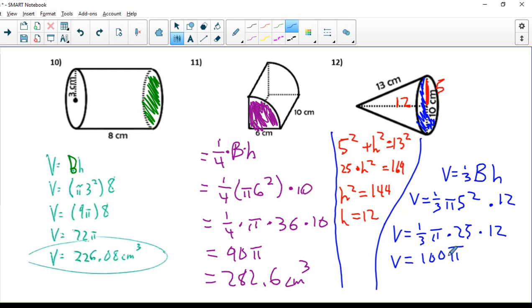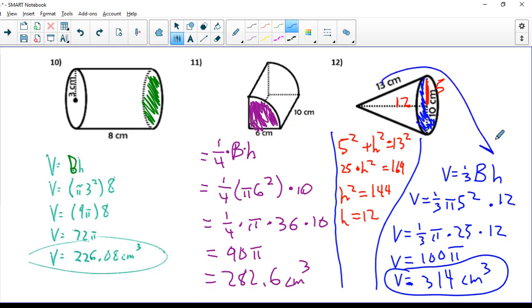I always save the pi for last, so I'm doing 100 times 3.14. That's going to give me 314 cubic centimeters. All right, so there we go. Definitely a tricky problem there. Just be careful. It's very easy to just plug in 13 as your height, and that would completely throw off your problem here. Our height was actually 12. 13 would be the length.